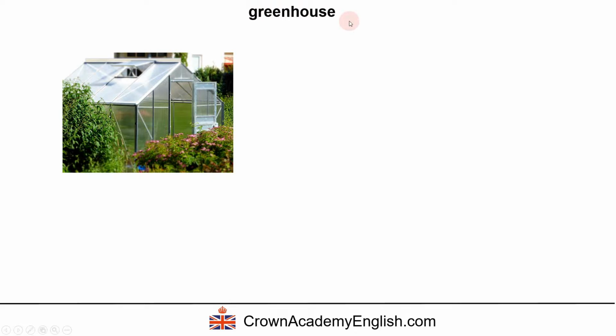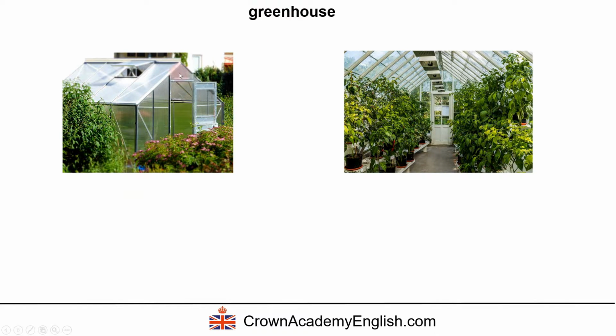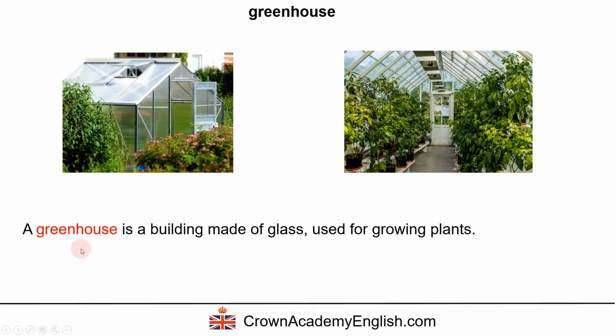A greenhouse. Notice this is all one word. So this is the outside of the greenhouse, and this is the inside of the greenhouse. A greenhouse is a building made of glass used for growing plants.